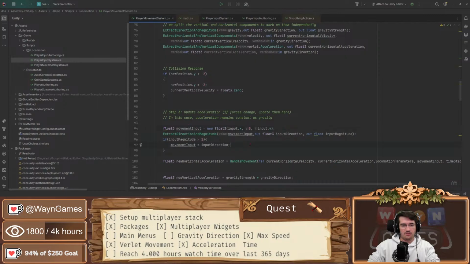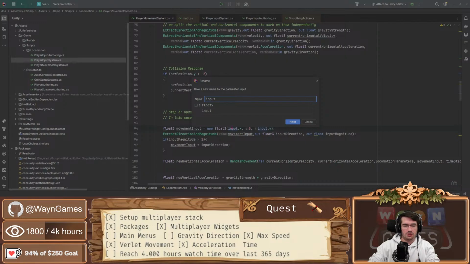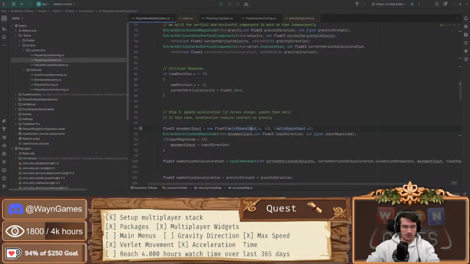Okay, so for my gravitational field, if I assume I'm in world space, so actually let's call this one world input, so that's clear for everyone using it.